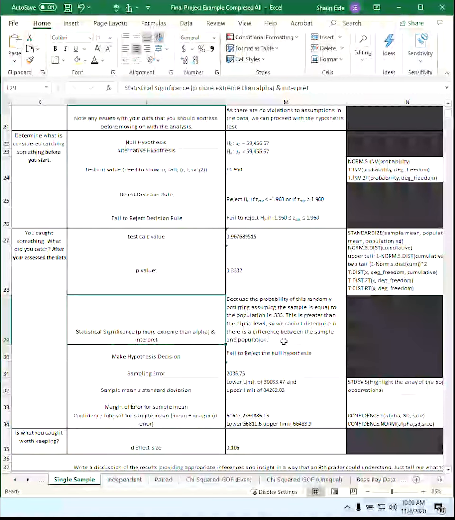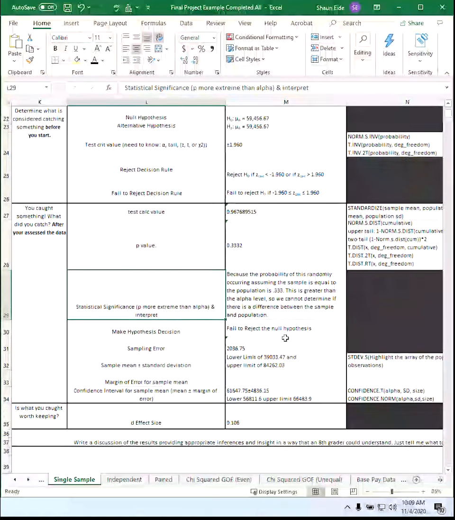This is greater than the alpha level, so we cannot determine that there is a significant difference between the sample and the population.